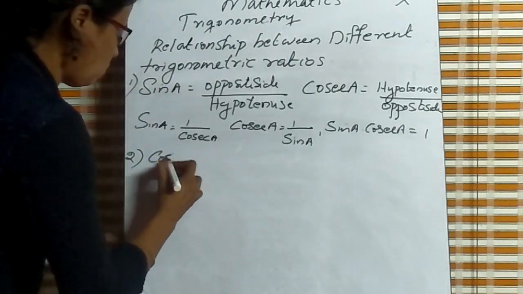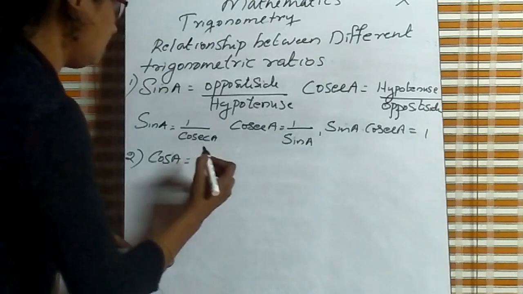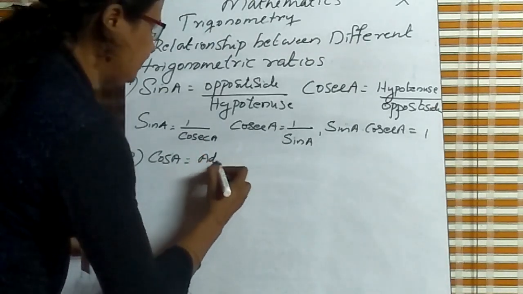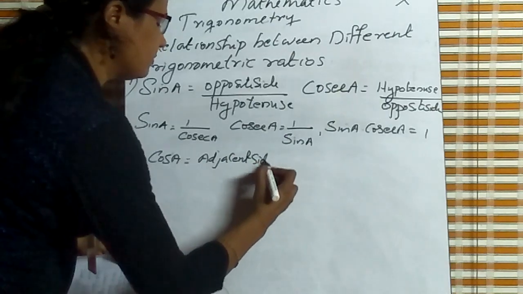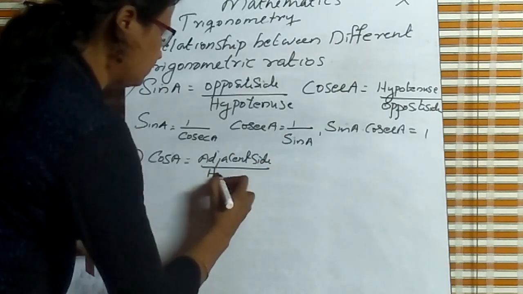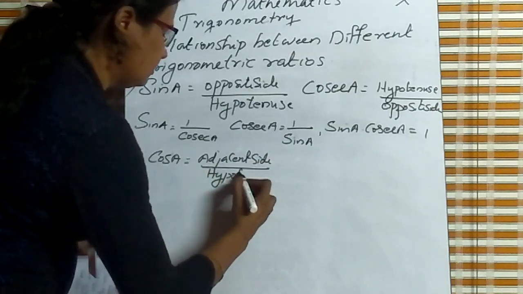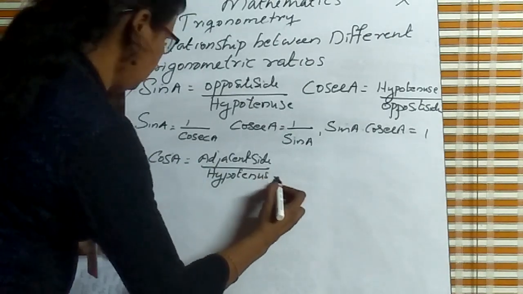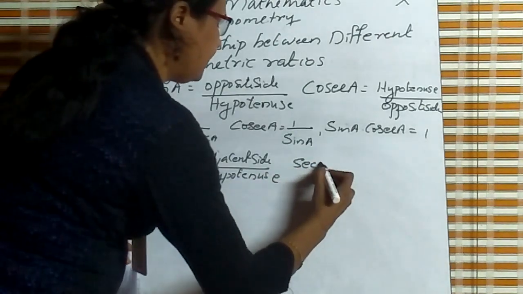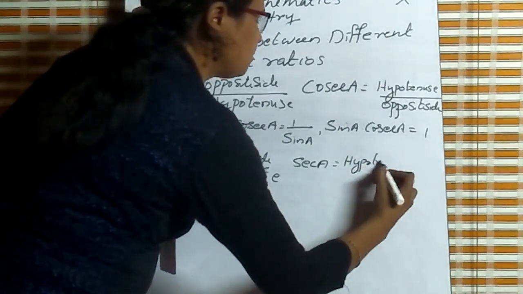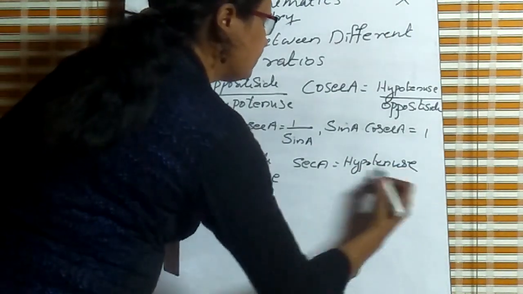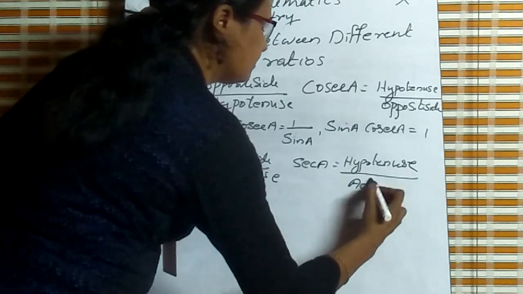Second one, cos A is equal to adjacent side by hypotenuse. What is sec A? Sec A is equal to hypotenuse by adjacent side.